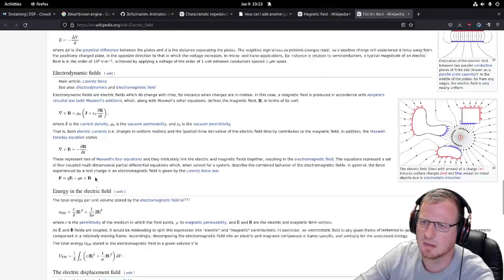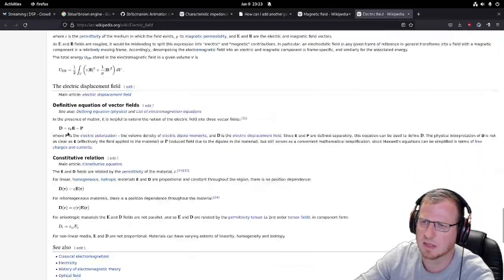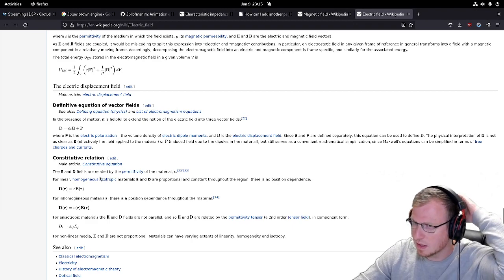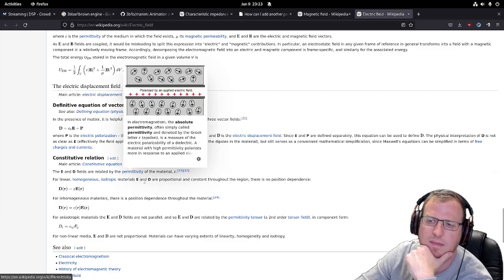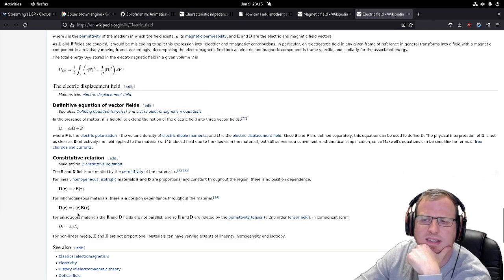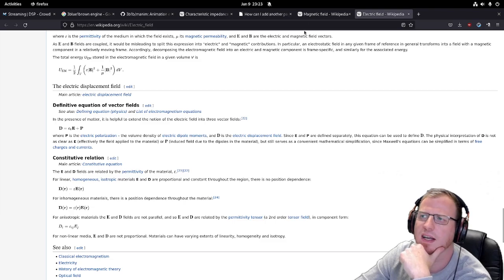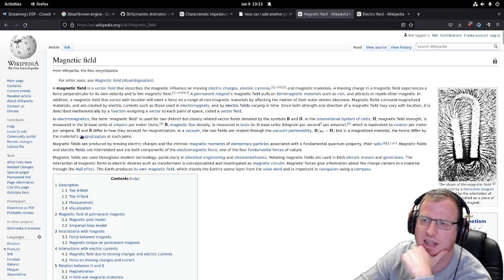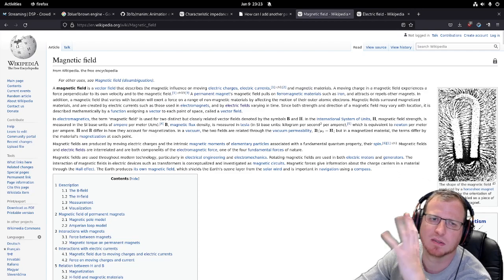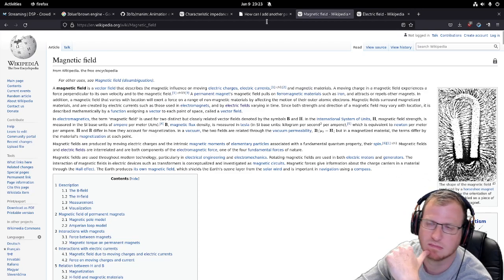Not the B field, but the D field. The D field, the definite equation. Yes, the D field is there. E and D, as well as B and H, are connected through the material constants.